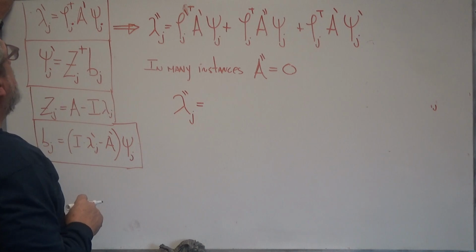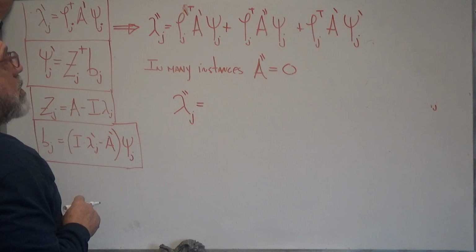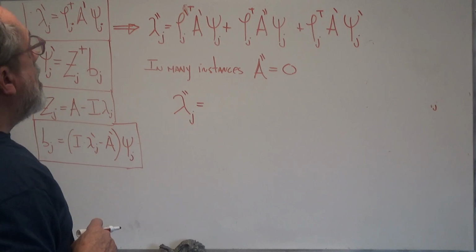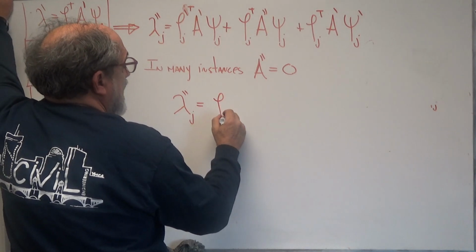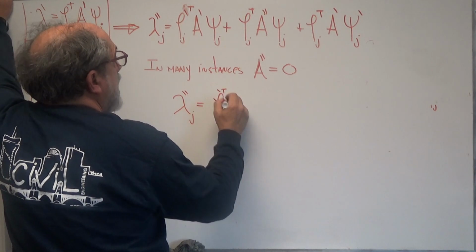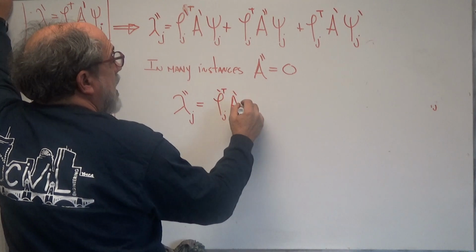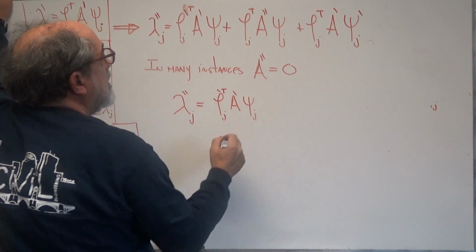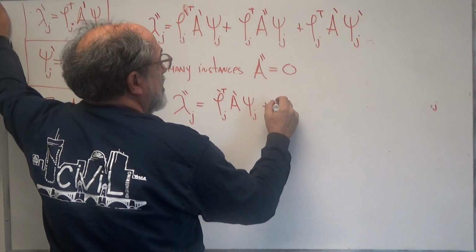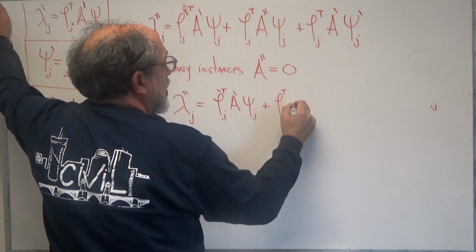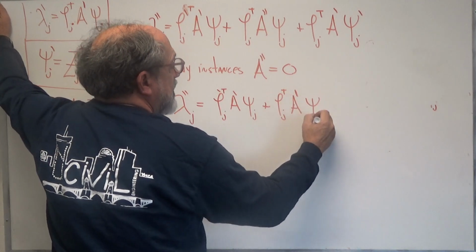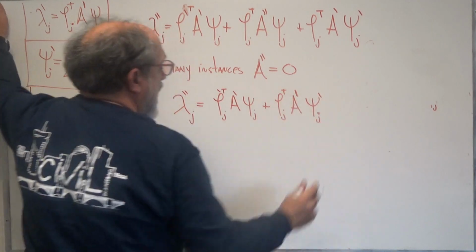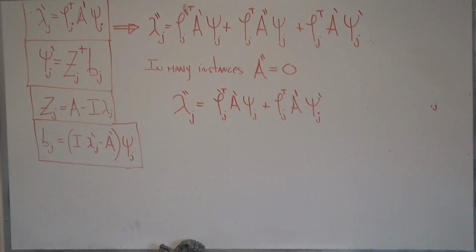And wait a minute, did I do something wrong here? No, it's correct. So we have phi j transpose prime times A prime times phi j plus phi j transpose times A prime times phi j prime. Okay.